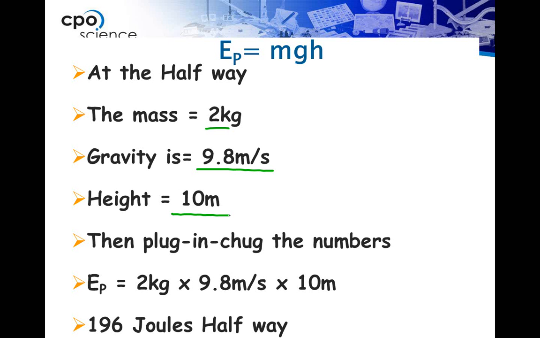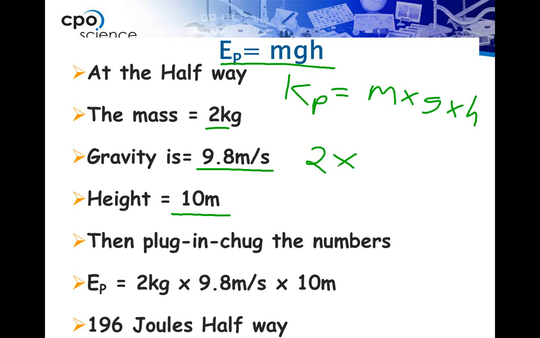The potential energy is m times g times h. So we're going to plug in the stuff that we know. Our mass is 2 kilograms times acceleration due to gravity, which is 9.8, times our height, which is 10 meters.